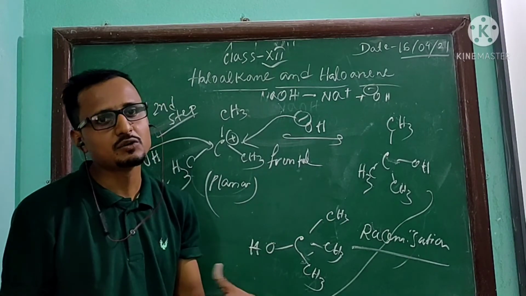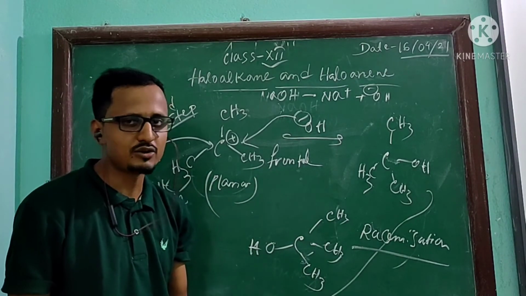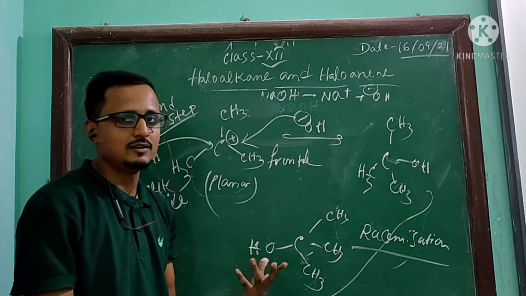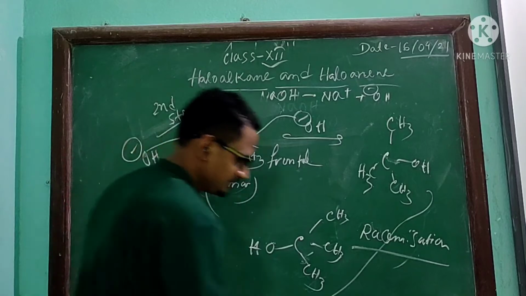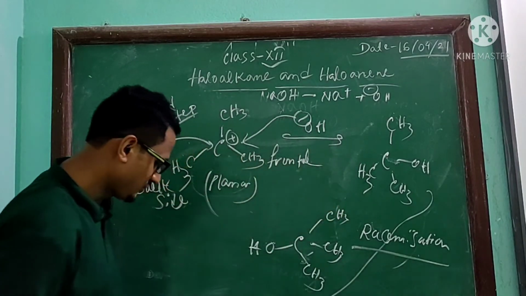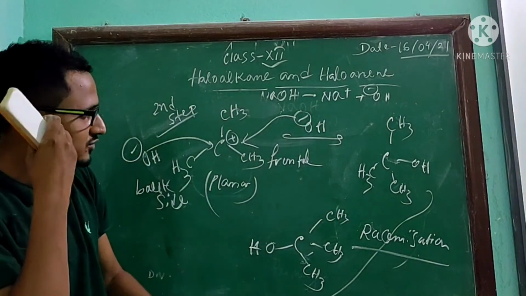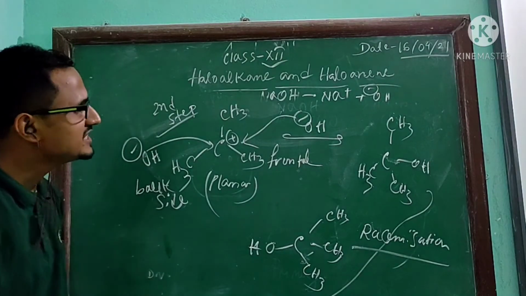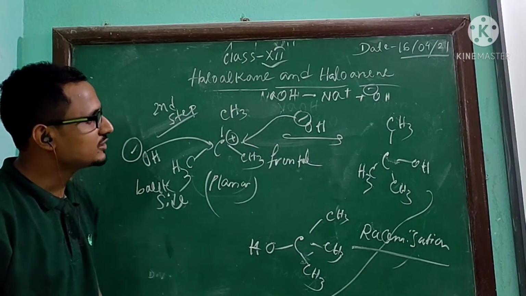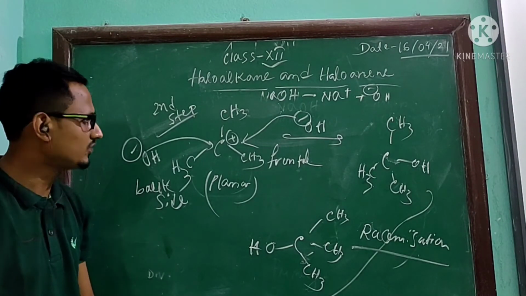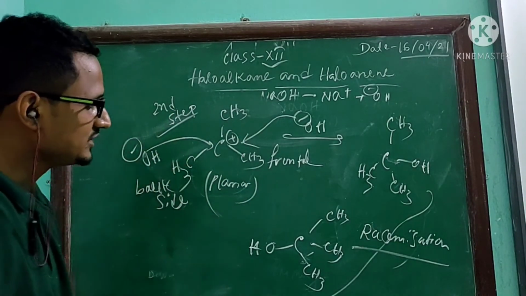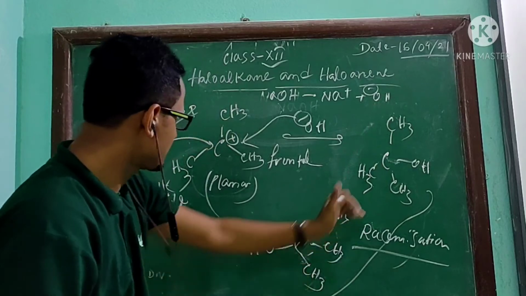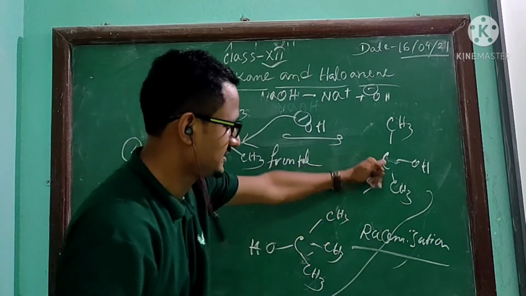Normally a 1 degree carbocation is not stable, so it will not undergo the SN1 reaction. Those reactants which form the 3 degree carbocation will undergo the SN1 reaction. Others will not. So this is the overall mechanism, that at last we will get a racemization, that means inversion and retention.